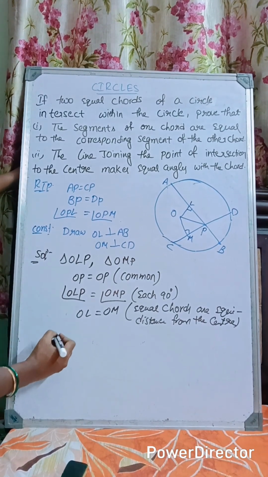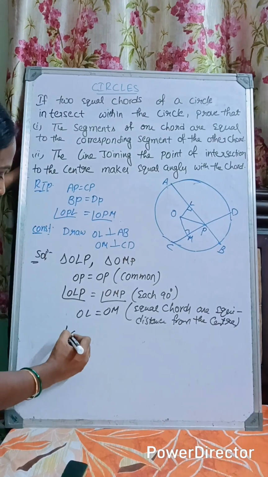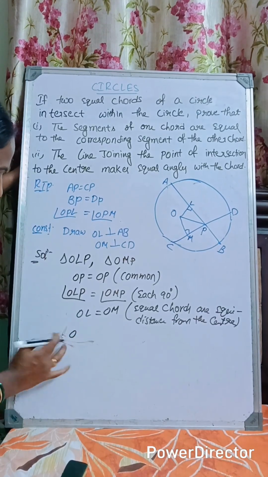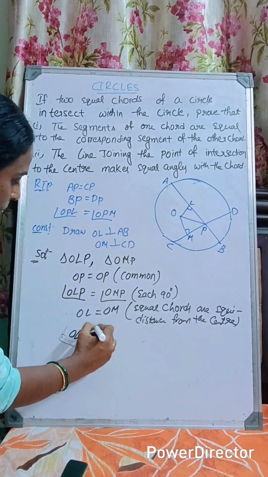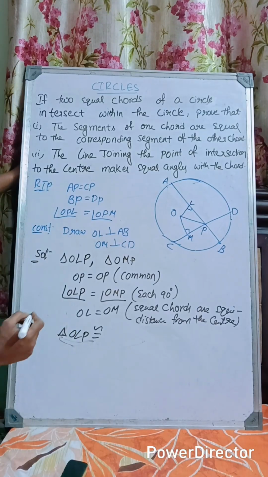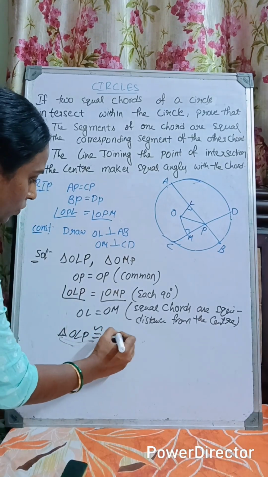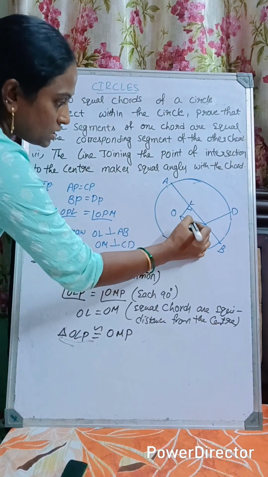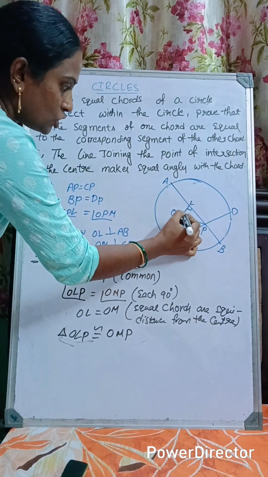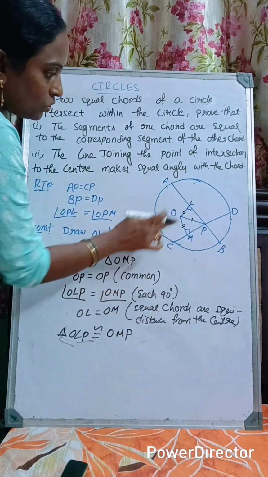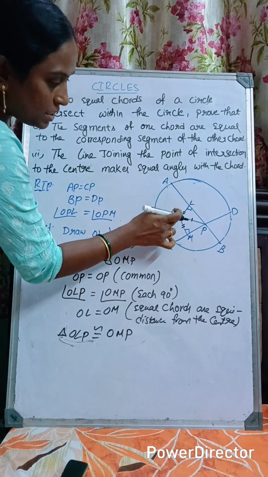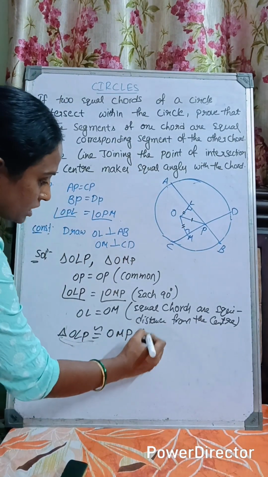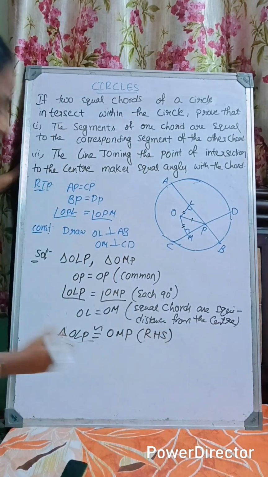So now these two triangles, that means OLP triangle is congruent to which one? Triangle OMP. By which criterion here? See, OP is the common side and these two are equal. So right angle hypotenuse side. So by RHS congruency criterion.